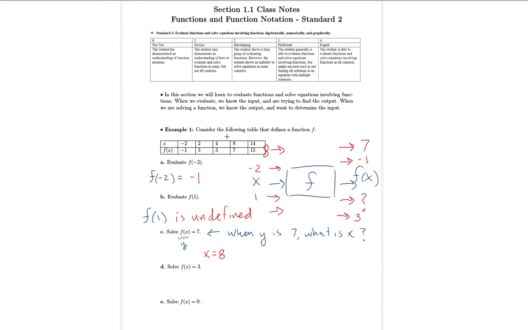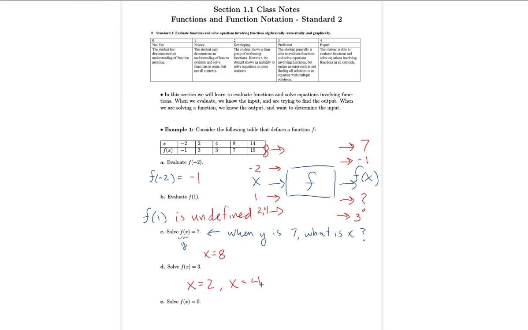So remember our discussion earlier about how it's okay for 2 different inputs to give the same output. That's not a problem. So this output of 3 comes from these two different x values. So you could put in a 2 or you could put in a 4. So my answer here is x equals 2 and x equals 4. Those are both acceptable x values to give you a y value of 3.